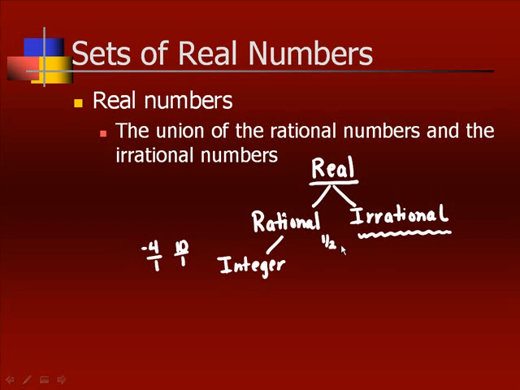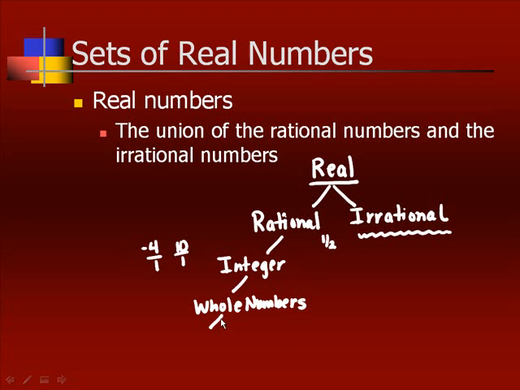Whereas other rationals are like 1/2 and 2/3. Those are not integers, those are just fractions, so they're sort of out there by themselves. In terms of integers, we could have positive whole numbers or we could have negative whole numbers. But when we talk about just whole numbers, then we're talking about the positive whole numbers.